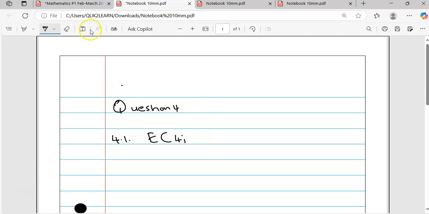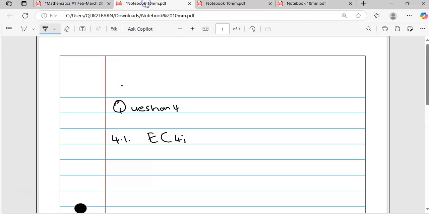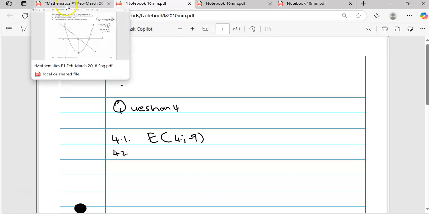The y coordinate is q, so you take the q with its sign, minus 9, and write it down. Then we are done with that question. So the coordinates of E are (4, minus 9).